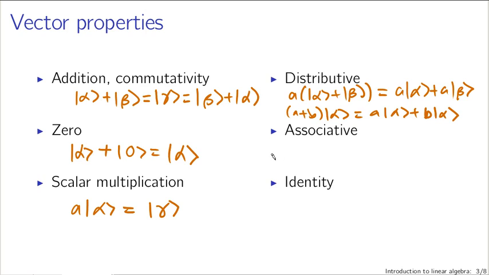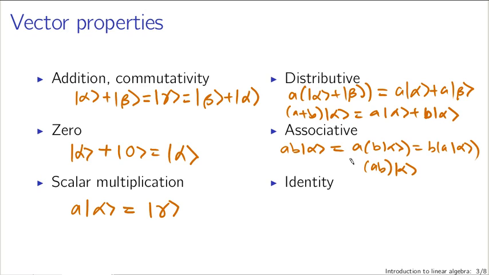Scalar multiplication is also associative, of course. I can look at A, B times the vector alpha as either A times B vector alpha, or B times A vector alpha, or as AB vector alpha. These are all equivalent. Scalar multiplication commutes and is associative.